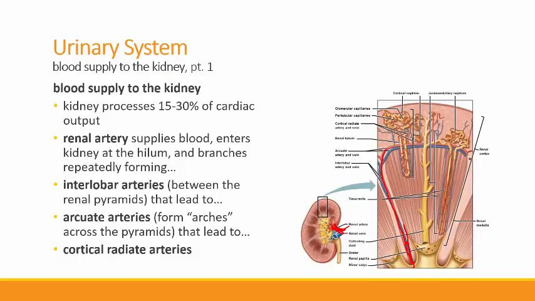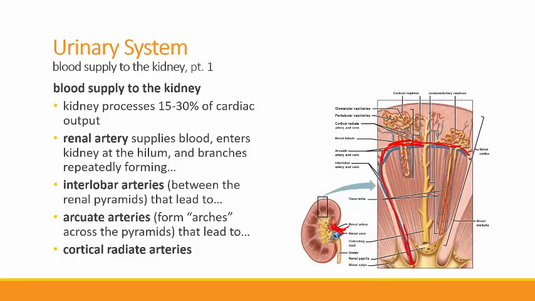Sorry about that, my pad fell for a second. The interlobar artery is traveling up through the renal column, that cortical material that's in between the renal pyramids. So up at the top of the renal pyramids, the interlobar artery becomes the arcuate artery because it arches across the top of the renal pyramid.